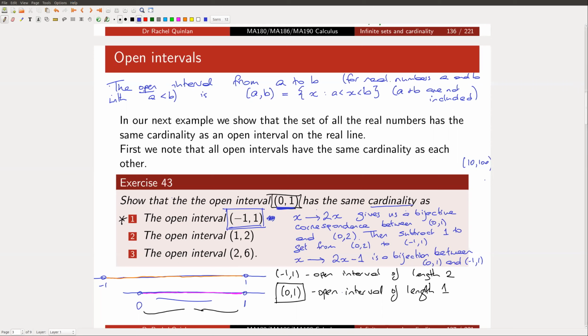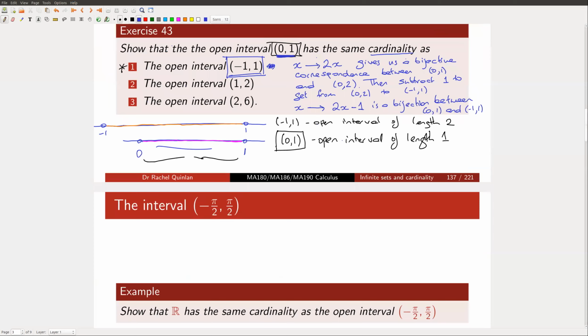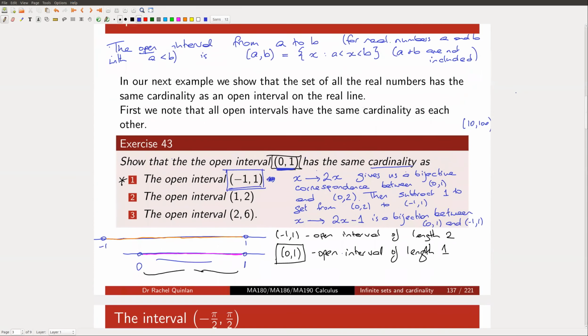They all have the same cardinality as each other in terms of this concept of cardinality for infinite sets, which let's just recall, two infinite sets have the same cardinality if it's possible to put their elements in bijective correspondence with each other. So for two infinite sets that happen to be open intervals on the real number line, this is a way of doing it.